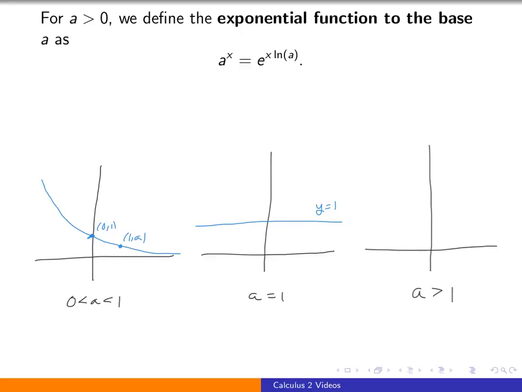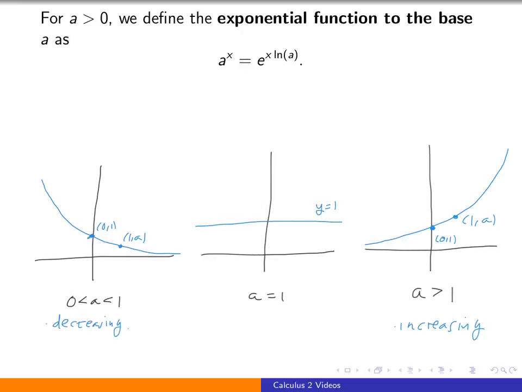And if a is bigger than 1, we end up with a graph that looks like this, where you're still going through the point 0, 1, but when you plug in 1, you get out a. So we have this point 1, a, and now a is bigger than 1. When a is bigger than 1, the function is increasing. When a is between 0 and 1, it's decreasing.